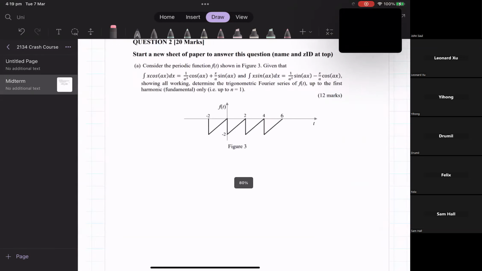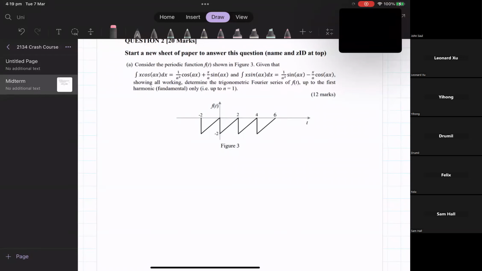So starting off, let's identify the period. We can see that the period repeats from here to here, and that is a T of 2. From that, we can get the frequency, and that is 2 pi on T. The 2's cancel, so it's just pi radians per second.